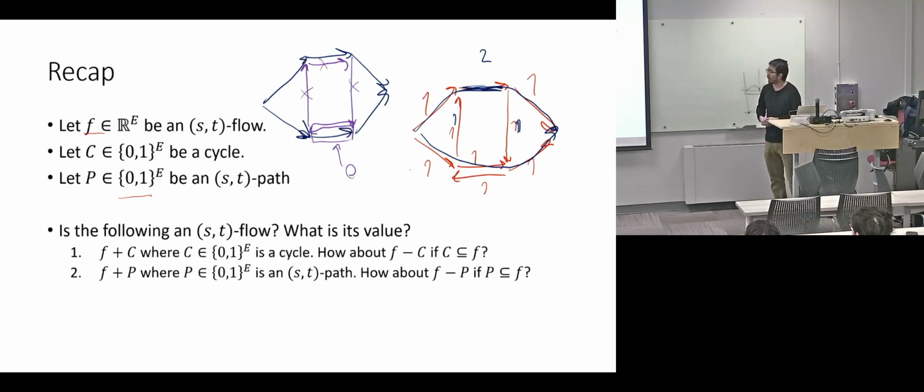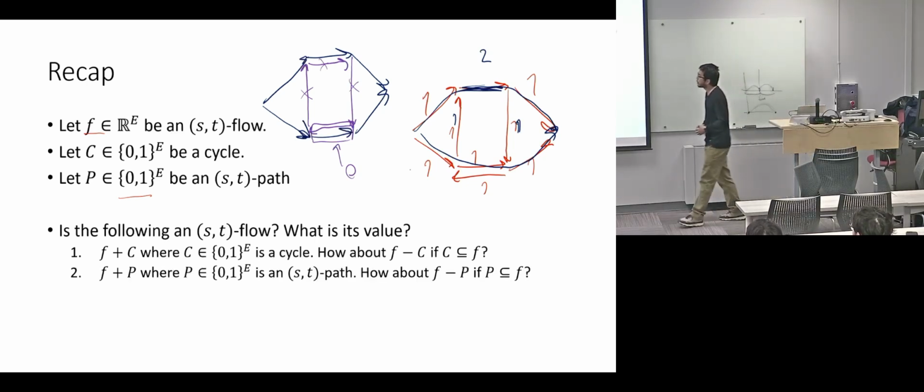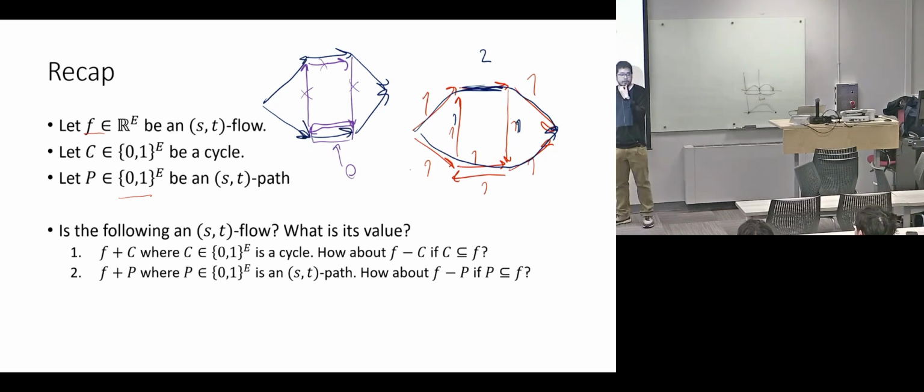Now, I ask the same question. Let's say P is the ST path. Now you add the ST path into the flow. Is it always a flow? If F already included P, you might exceed capacity.